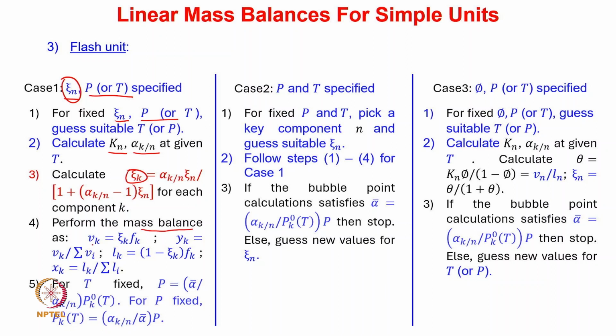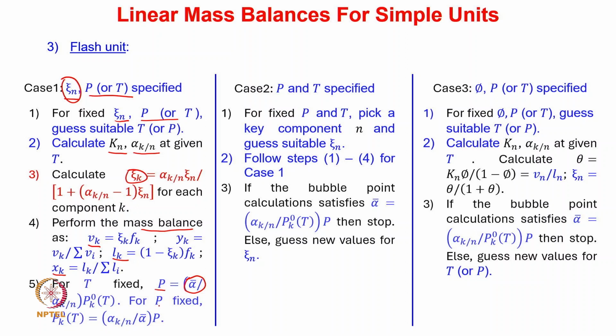And once the split fractions are obtained, then we calculate the molar flow rate of the components in the vapor phase as well as in the liquid phase, and their mole fractions. And once we know these mole fractions, then we calculate the average value of the relative volatility, and with the average value of the relative volatility then we back calculate the pressure.